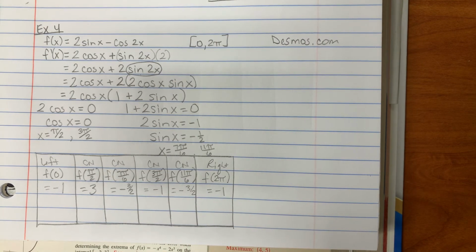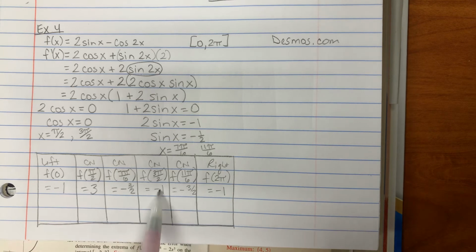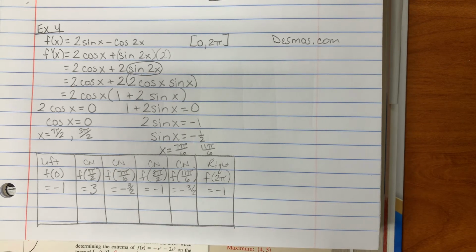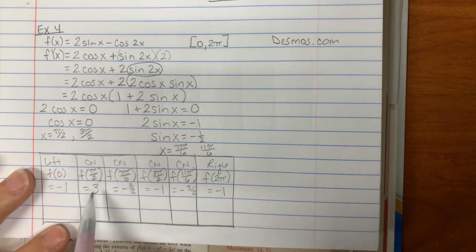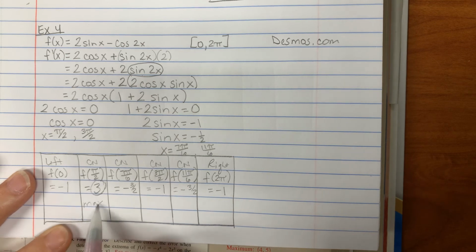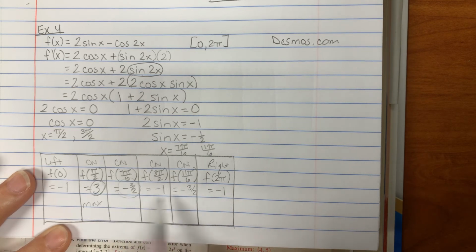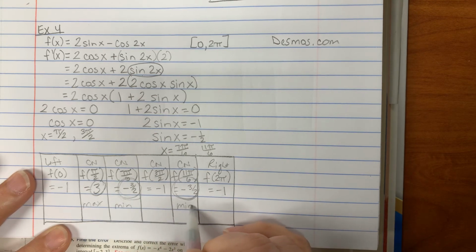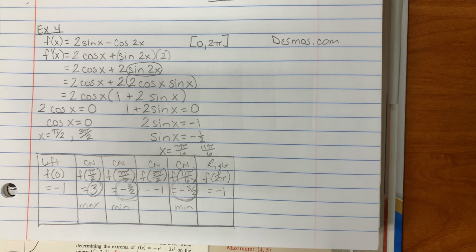So let's have a conversation about this. I have 3 of them that ended up -1. If -1 had been the lowest point in my group here, then all of those would be minimum values. In this case, it's not. My highest value is this one, so this is my maximum. My lowest value does actually have a repeat. It's -3 over 2. Those are my minimums because -3 over 2 is smaller than -1.